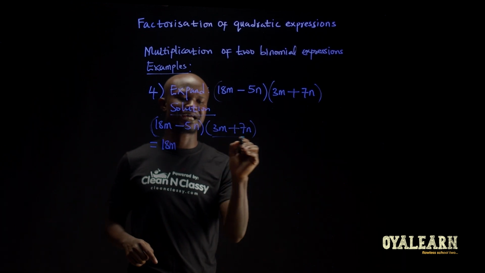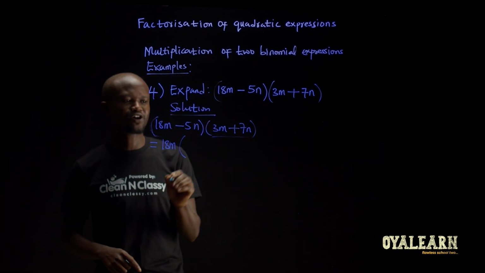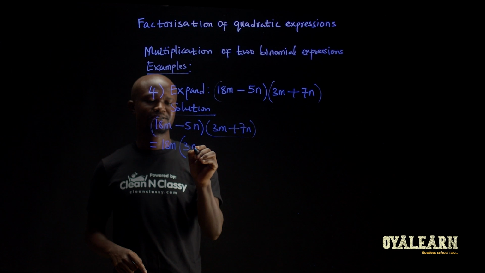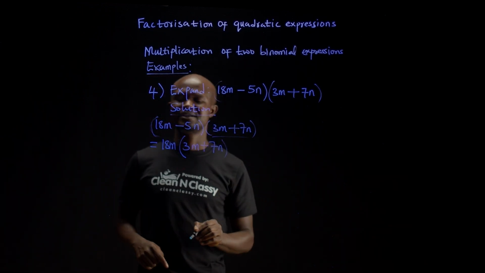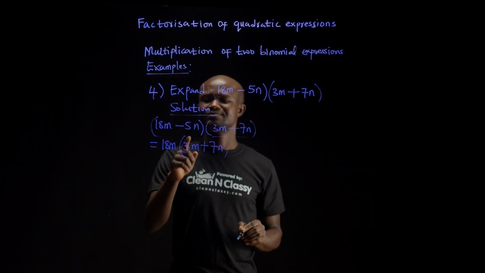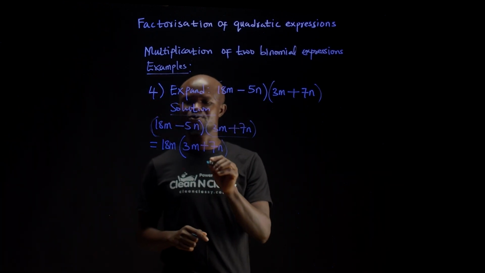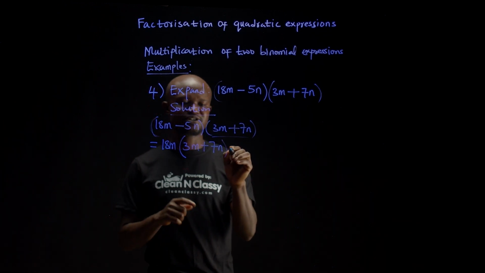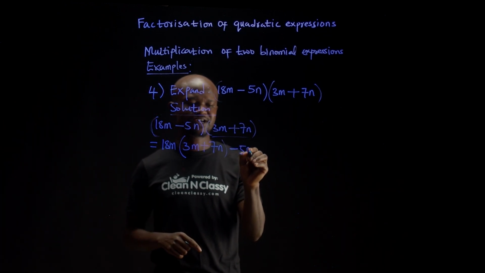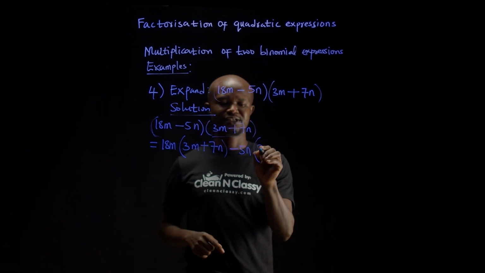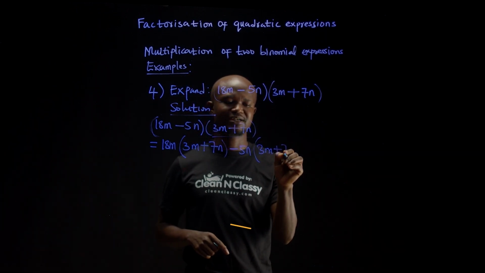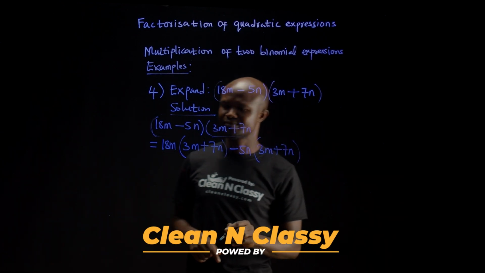Then we use it to multiply the whole of the second binomial expression, which is 3m plus 7n. Then, looking at the first binomial expression also, we have the second term, which is minus 5n. We are going to use it to multiply the whole of the second binomial expression.